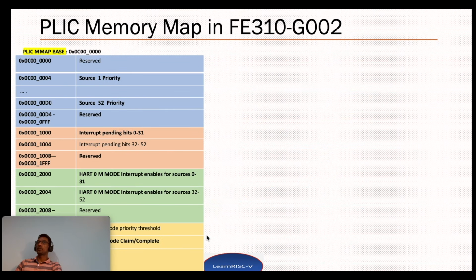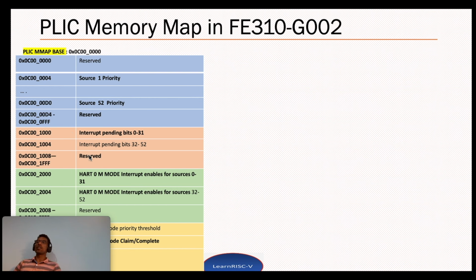So with 52 sources, the first 52 registers are used to set the priority of each source, and then there's a reserved block. And for interrupt pending, you just need two registers, because a bit can be used for a source, so that would correspond to just two registers, and the rest are reserved here.